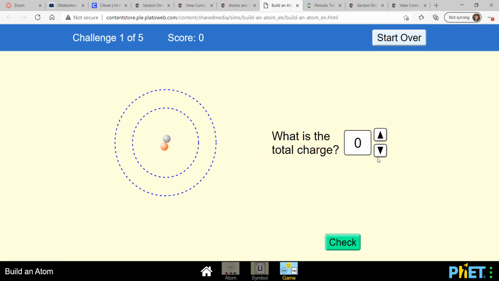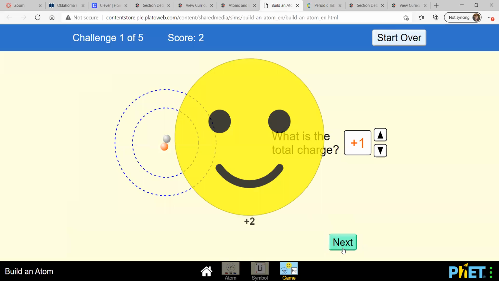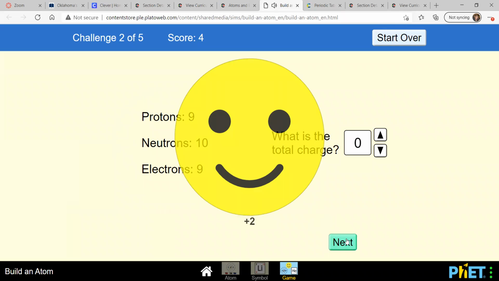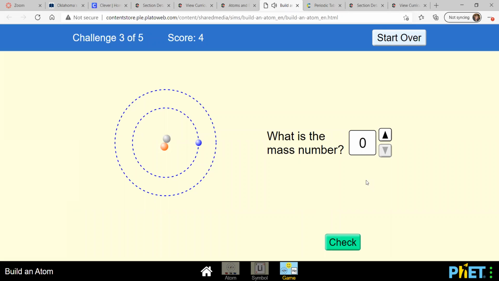So that is a +1 charge because there's only a proton, no electrons. Protons, 9, electrons, 9. So the charge will be 0 because protons are positive, electrons are negative. What is the mass number? So that is the number of protons and neutrons in the nucleus. That would be 2.